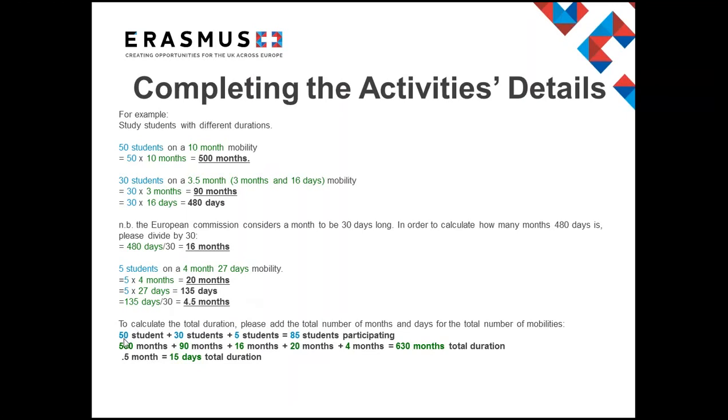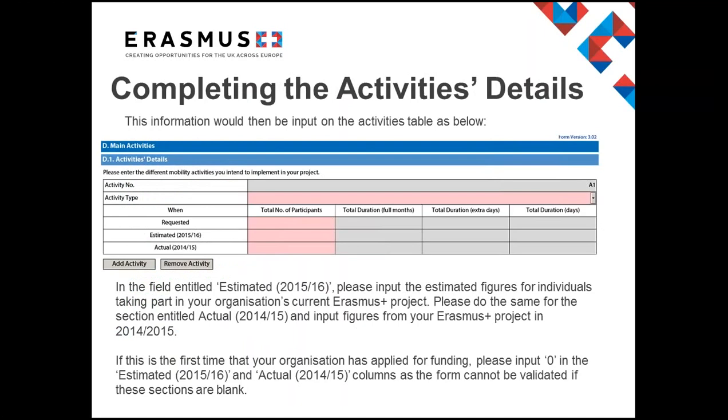So in blue, you can see that we had made a total of 85 students. In the number of months, we had a total of 630 months, and the 0.5, 15 days extra days. So this is just to show you again what the table looks like.